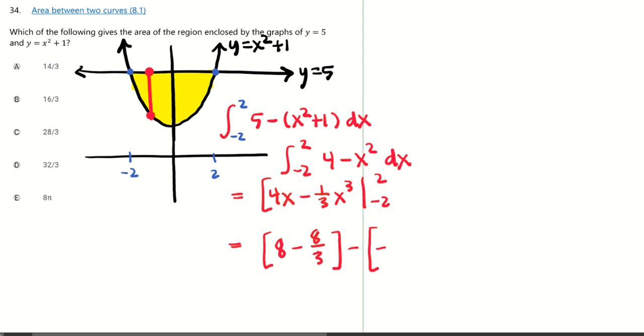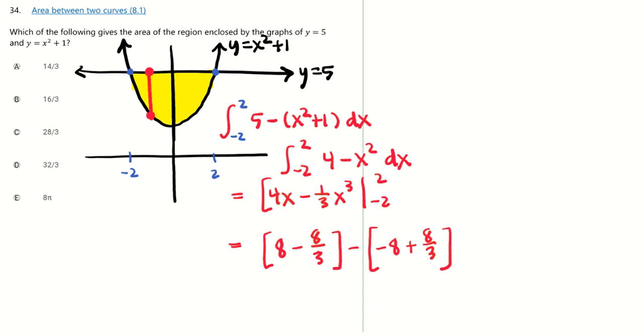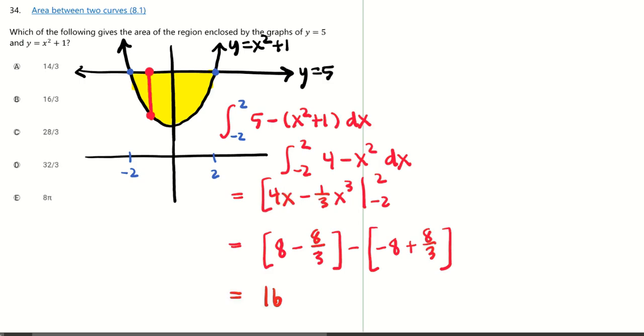Minus, when I plug in negative 2, I'll have negative 8 and positive 8/3. Okay. So 8 minus negative 8 is going to be 16. And then negative 8/3 minus another 8/3 is going to be negative 16/3. Oh, and basically this is a whole 16 minus a third of 16, so it's going to end up being 2/3 of 16. That'll be 32/3.